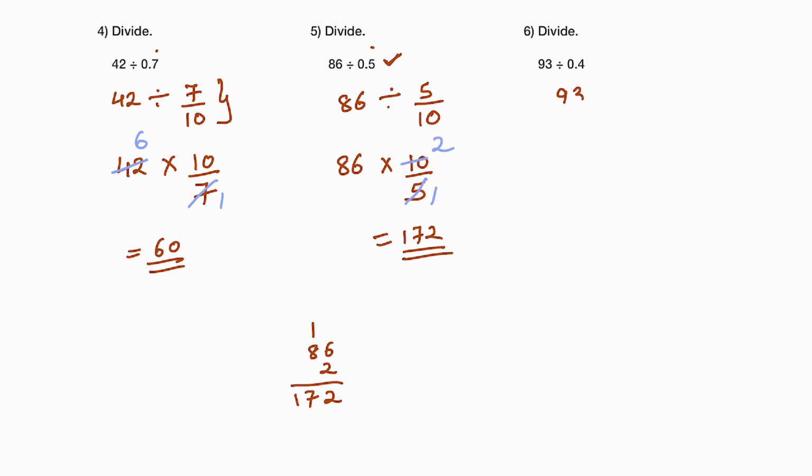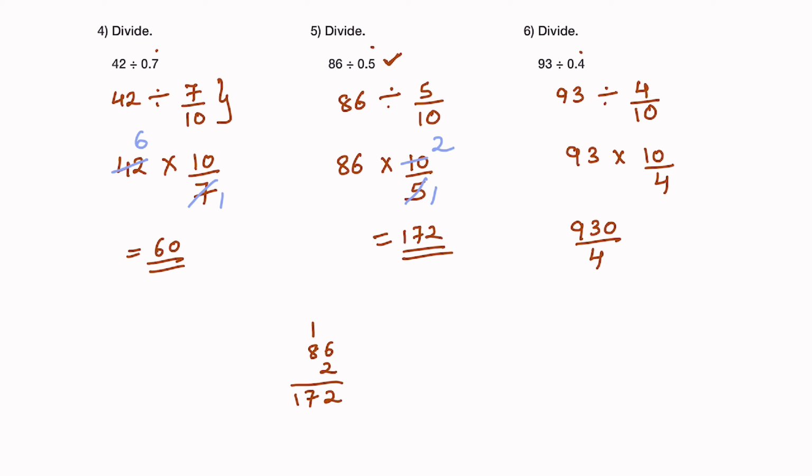Next, 93 divided by, just one decimal place. So we say 4 upon 10. So that's 93 times 10 upon 4. So we say 93 times 10 because 4 will not go directly in 93. So that's 930 divided by 4.